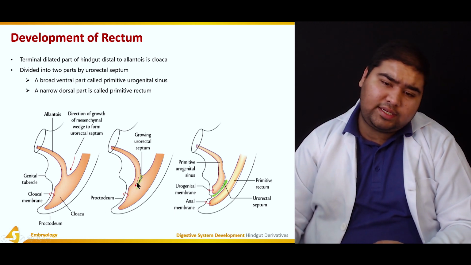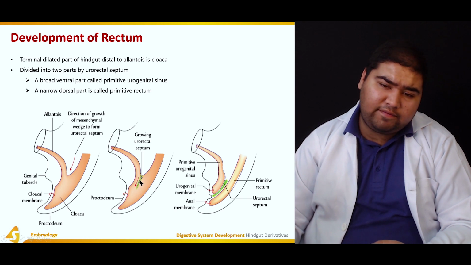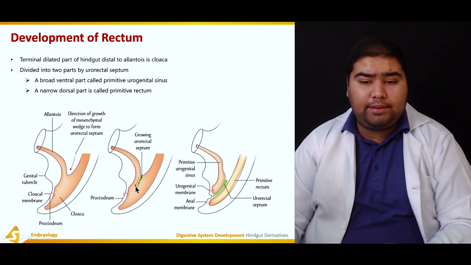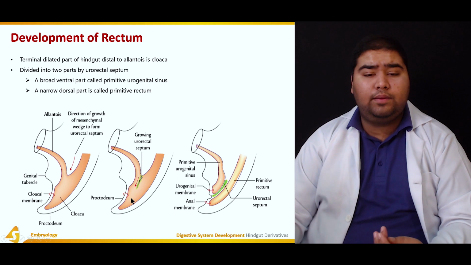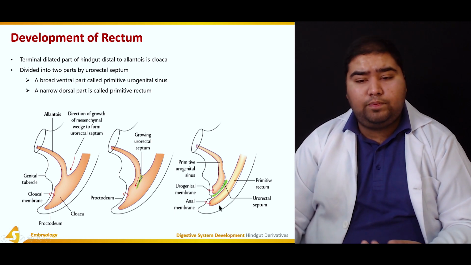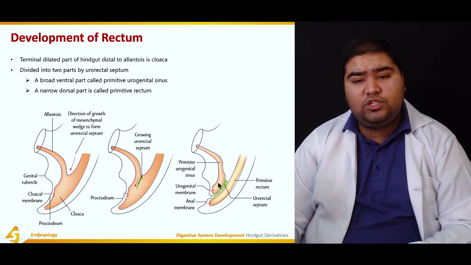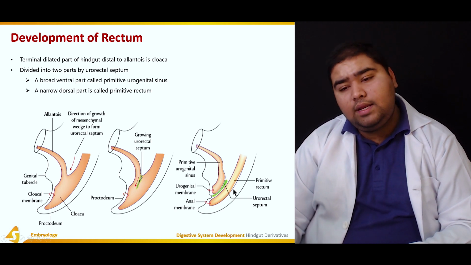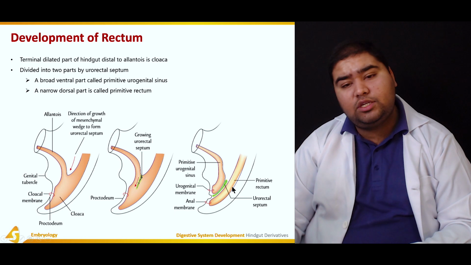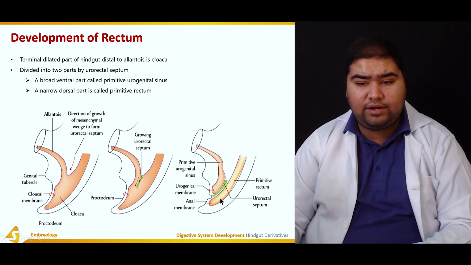This is the urorectal septum in green, which is being developed. This urorectal septum divides this cloaca into two parts: a ventral part, which is known as the urogenital sinus, and a narrow dorsal part, which is known as the primitive rectum.